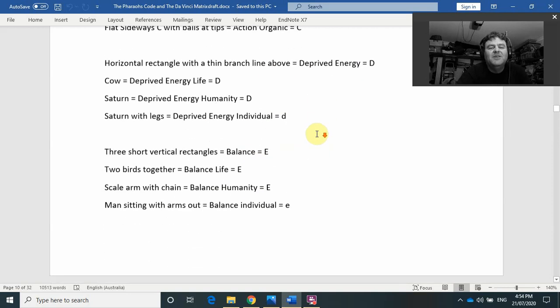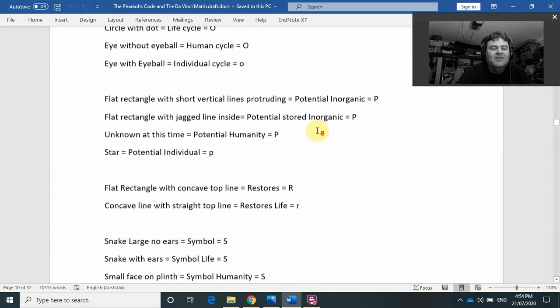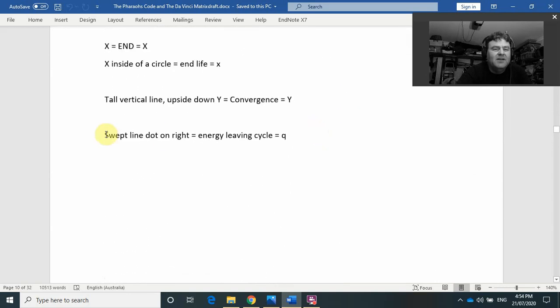So if I flick through, I'll go down quickly now to the end of the alphabet, and right at the end here we have the swept line with a dot on the right hand side to represent energy leaving the cycle. And that is what we would know today as the lowercase letter Q. Again, we have the circle and the straight line of the energy and the matter coming down. And again, bad font choice.